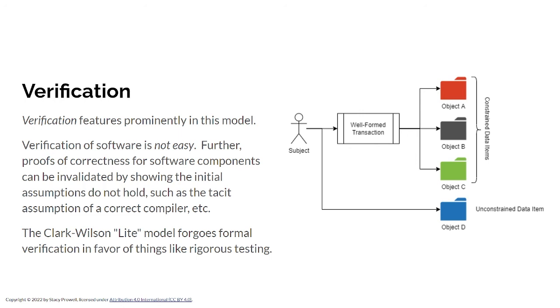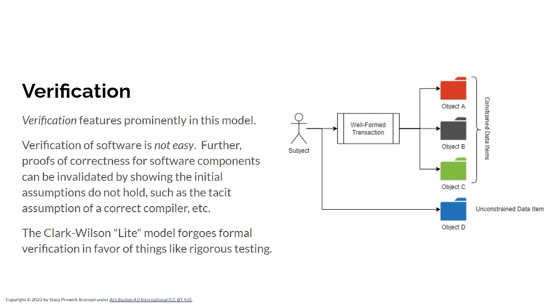And the problem is verification. Verification features very prominently in this model. I have to verify that these trusted procedures work correctly and that they preserve all the right properties, and I have to have a set of integrity verification rules that I can prove show me my data integrity is maintained. Verification of software is hard. Okay, it is.